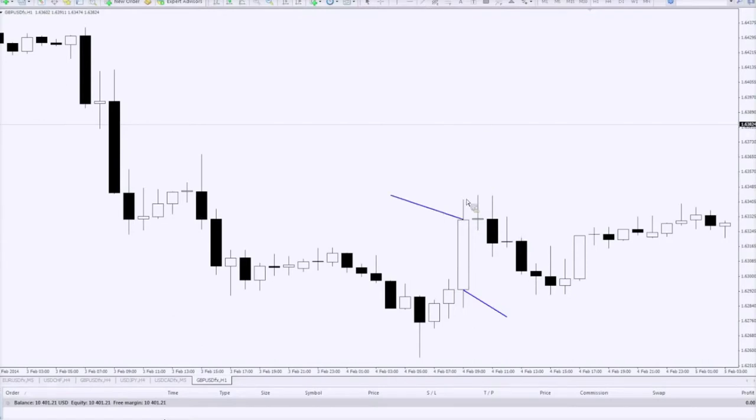You get the highest high that this 1 hour reached, and you get the lowest low that this 1 hour reached. Okay? So on any candle, you get those 4 pieces of information: the opening price, the closing price, the highest high, and the lowest low. All right, I'm going to get rid of these.